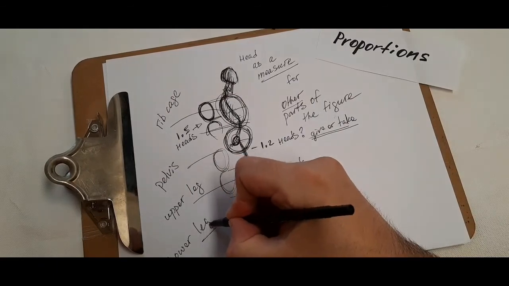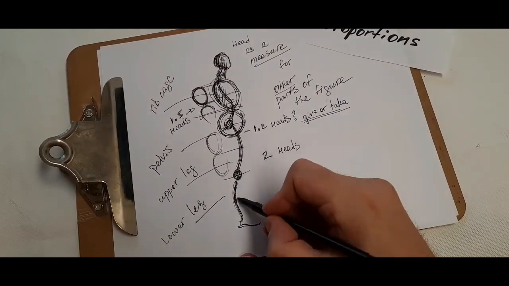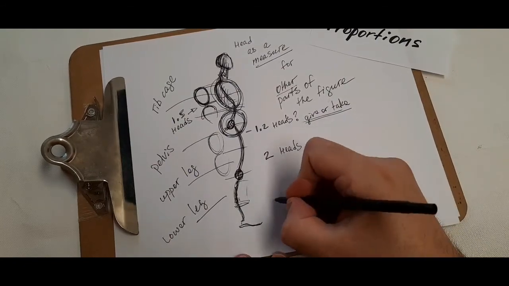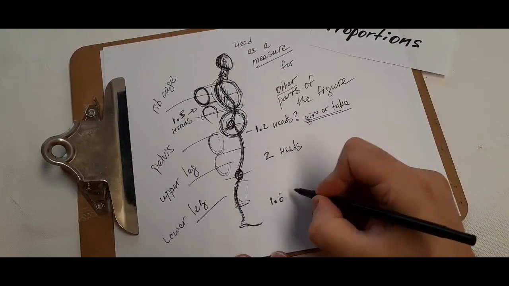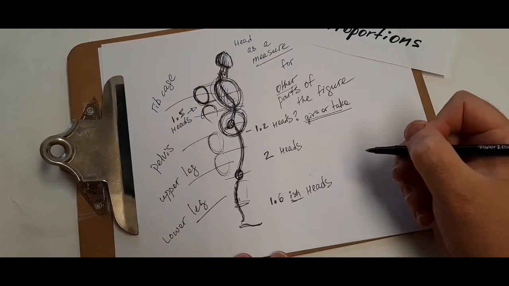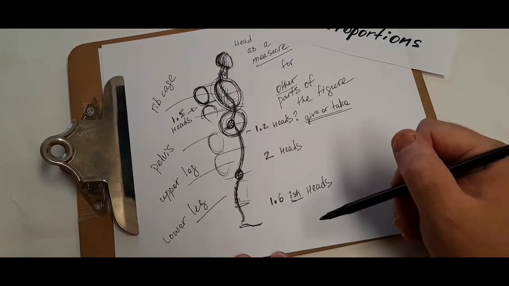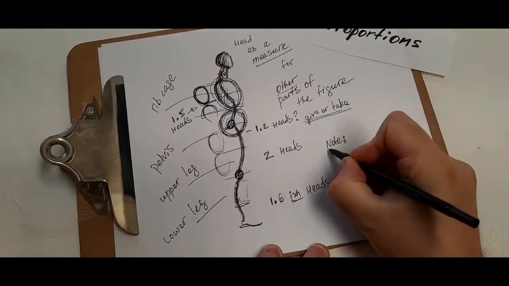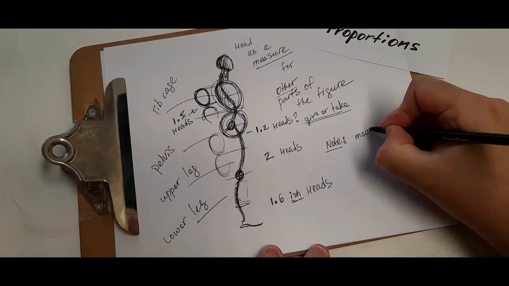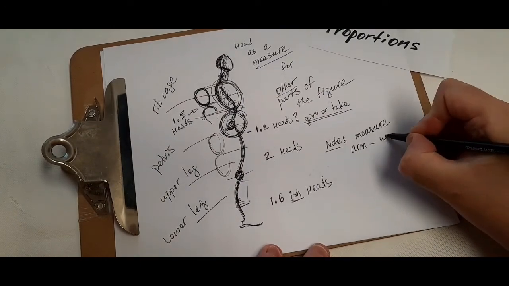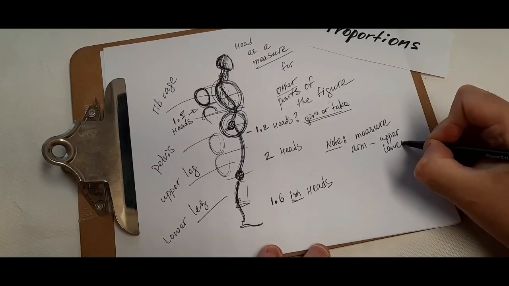And take a look at how many heads fit there. Make an assessment. All of this is give or take, and all of this information is gathered from observing and trying to draw a simple figure in this way.